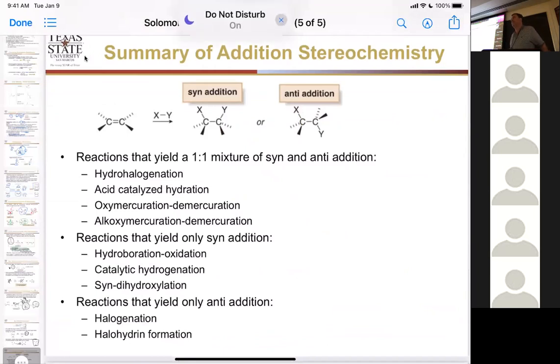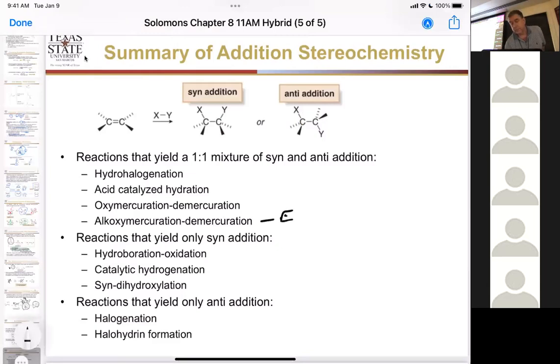Carbocation intermediate. Oxymercurization, demercurization. Your mercury stays on until the other addition, and then you have to oxidize off the mercury. So it gives you Markovnikov, but it gives you a syn and anti addition. And then if you used alcohols, we call that alkoxymercurization, demercurization to make an ether. This one makes an ether. This one makes an alcohol.